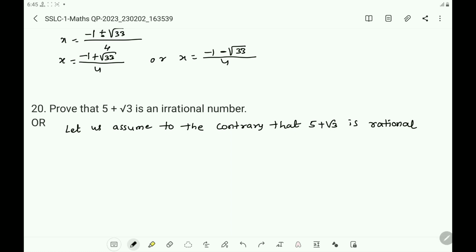So you write, let 5 plus root 3 equals a by b, right, where a and b are co-prime numbers. They are the integers.